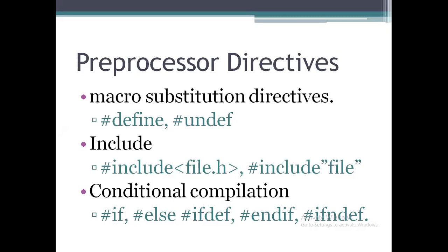Next, conditional compilation. We know conditional operators, generally if else. The combination of if else along with the hash symbol gives conditional compilation: hash if, hash else, hash ifdef, hash endif, hash ifndef. These are the pre-processor directives as per our syllabus.